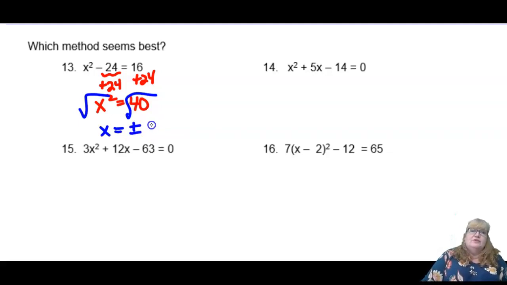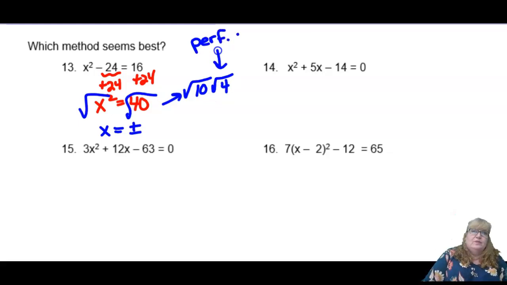And then the square root of 40, I would really like you to practice simplifying. The square root of 40 is 4 times 10, and one of those has to be a perfect square so that it can get out of jail. The perfect square that goes into 40 is 4, and it goes in there 10 times.